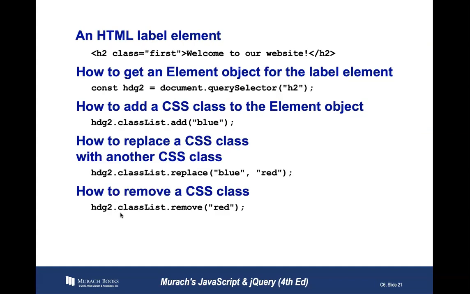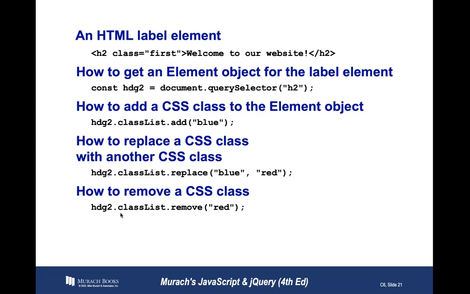Like an HTML label element, we've got class equals first, welcome to our first website. Well, if we get an element object for the label object, all we have to do is querySelector h2. Once we get heading 2, we get everything about that h2. We get its welcome to our website, we get its class. We could add another CSS class to that element object by using classList.add blue, and at that point it would be first and blue.